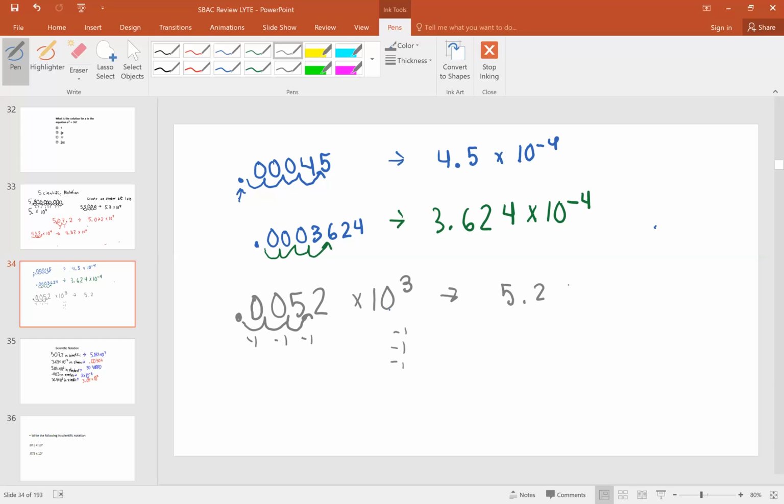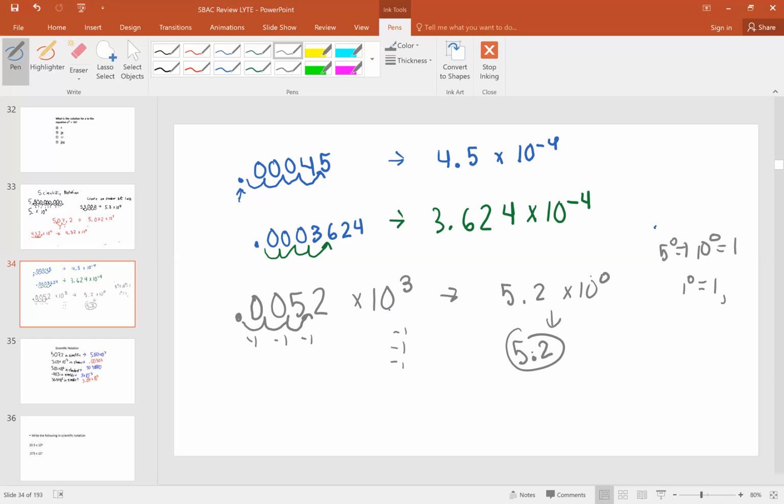And now I'm at times 10 to the 0 power. Now, if you remember, anytime you have 10 to the 0 power, or any number to the power of 0, 5 to the power of 0, 10 to the power of 0, 1 to the power of 0, your answer is always going to be 1. So 5.2 times 10 to the power of 0, if you want to simplify it, it would just be 5.2.